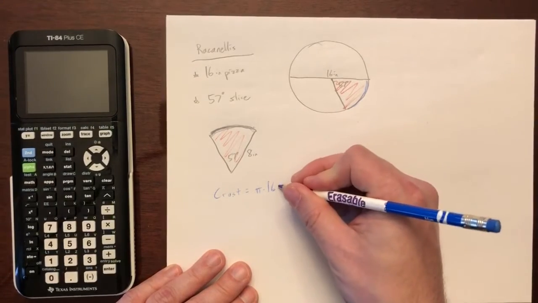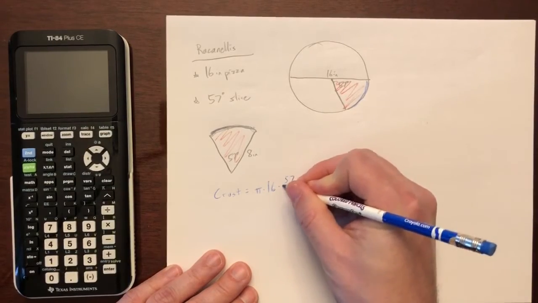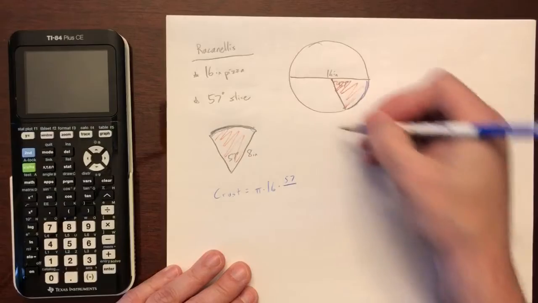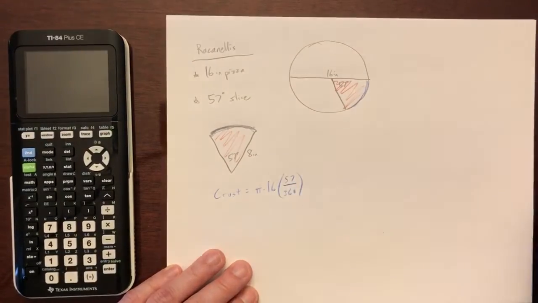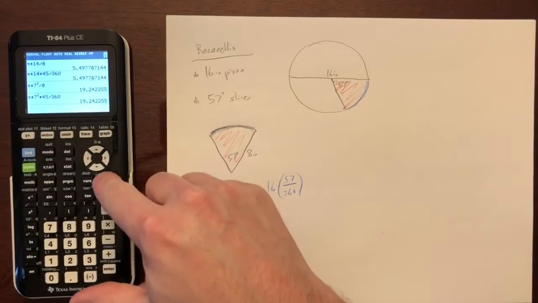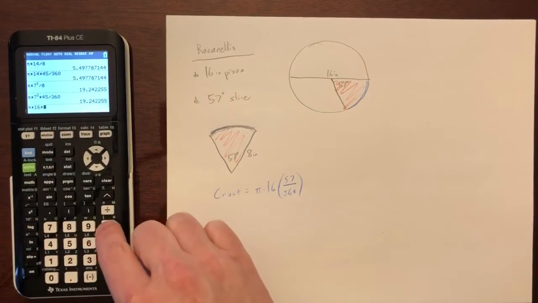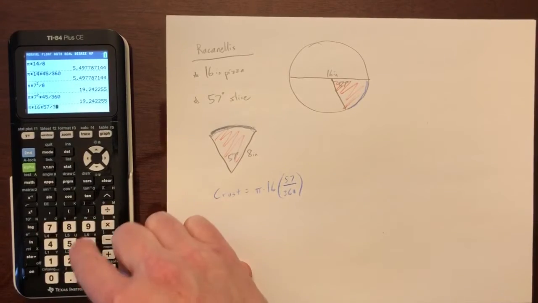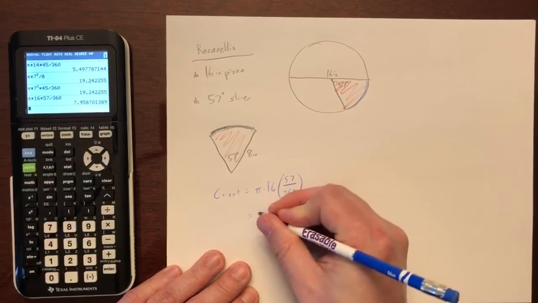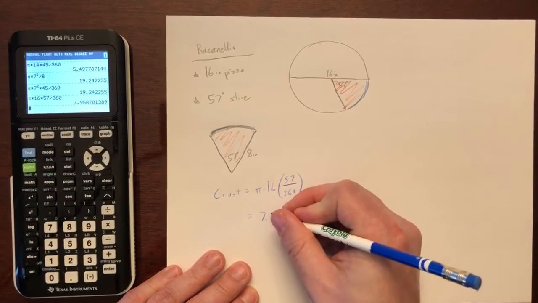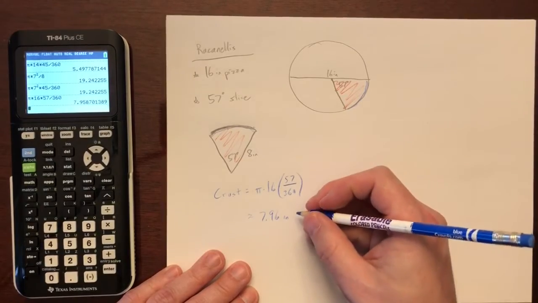So this is where the percent method is probably going to be your best bet. You can do times 57 over, what's the total degrees in a circle? 360. And when you type that in, pi times 16 times 57 over 360, you get approximately 7.96 inches of crust, or about 8 inches of crust.